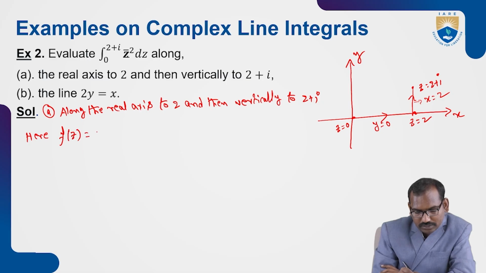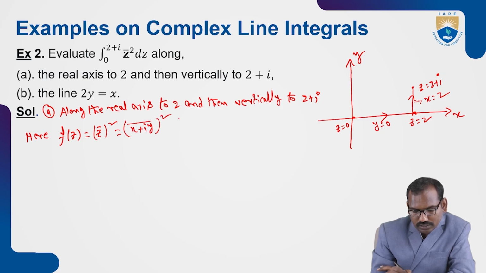what is f of z? Which is conjugate of z whole square. So what is conjugate of z in terms of real and imaginary parts? It is x plus iy, conjugate, then square. It is x minus iy whole square.